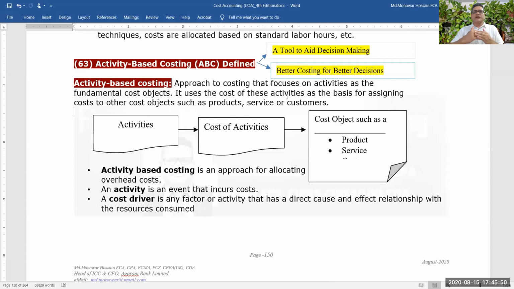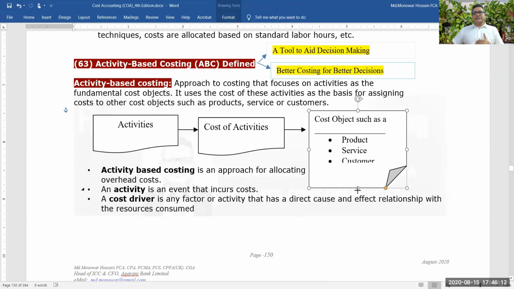It uses the cost of these activities as the basis for assigning cost to other cost objects such as product, service, or customer. Look here, activities go to the cost of activities, and then to cost objects such as product, service, and customer.